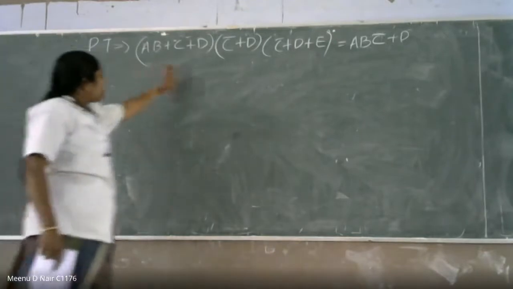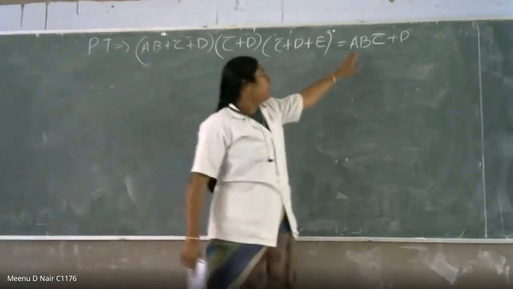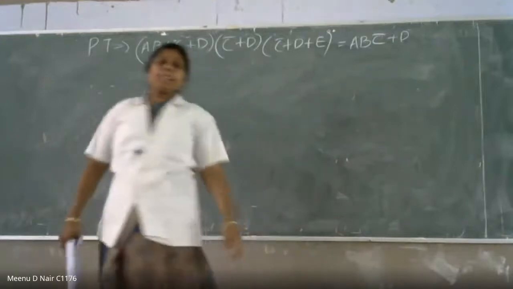Okay. So this is your final expression. After simplification, you have to get this answer: A, B, C bar plus D.